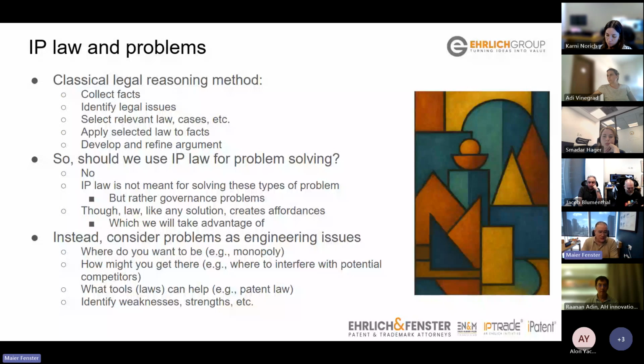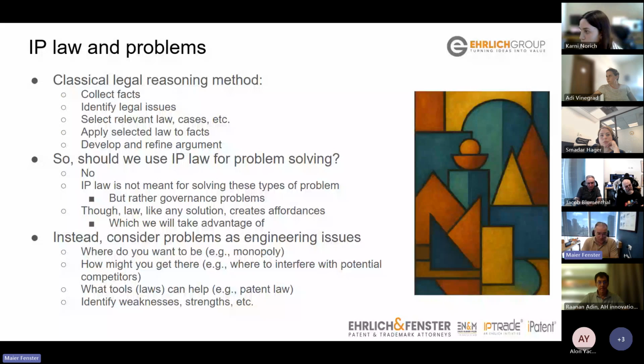On the other hand, the law does create affordances, things that the law didn't exactly mean to give you, perhaps, which we can definitely take advantage of when we're doing what we're doing. So what I suggest is you look at problems as engineering issues. In engineering, you know where you want to be. Maybe you want to have a monopoly. You know how you might get there.